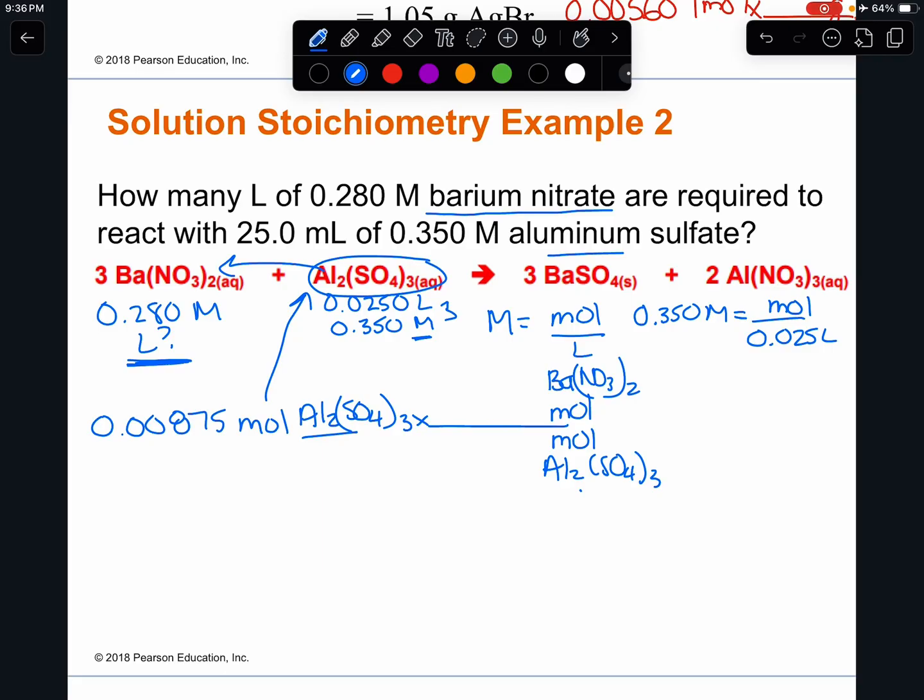Okay, so what I started with here goes on the bottom. What I'm trying to end with goes on the top. I'm going to use these coefficients, 3 here and a 1 here. Now, this is a little bit different. In our last example, we went directly to grams, so I just did one more step for grams. This one requires another molarity equation here, so I'm actually going to finish this in terms of moles.